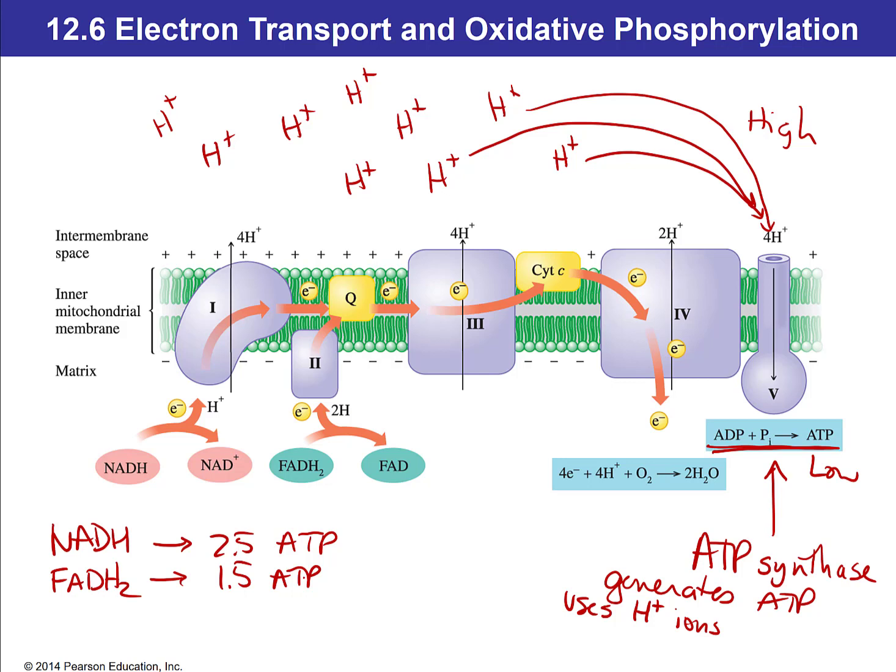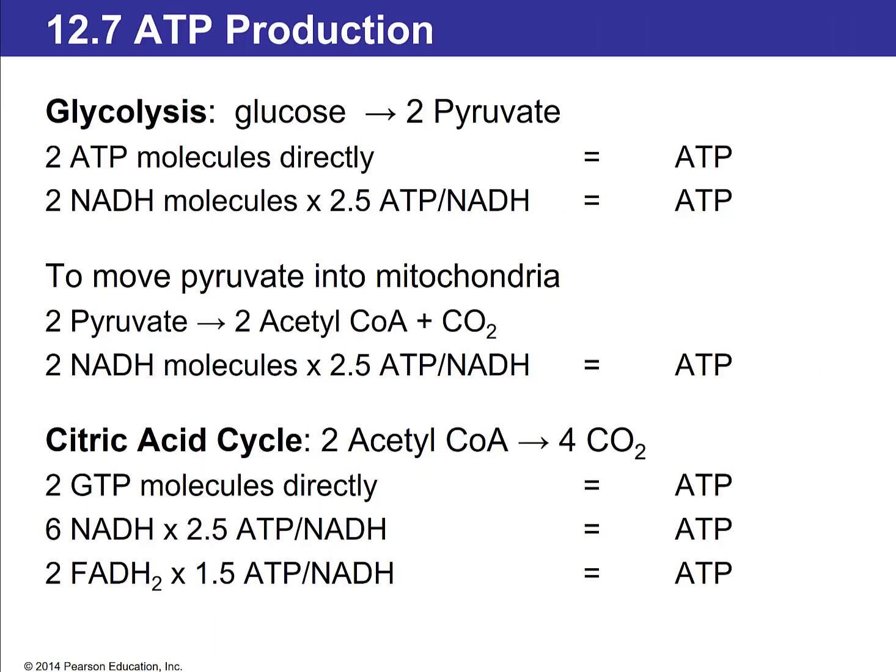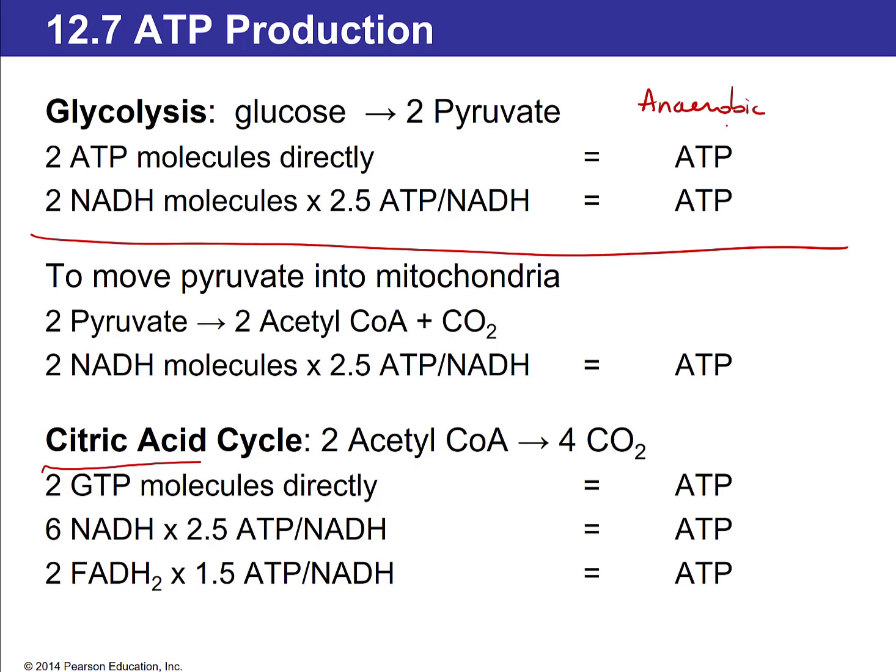So let's look at how many of those we made, though. So we made some ATP directly, but most of what we made happens because of NADH and FADH2. So in glycolysis, remember that we said that this is the anaerobic step. This happens in the cytoplasm.